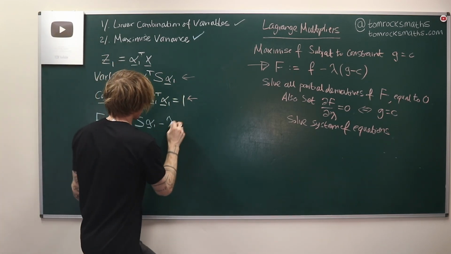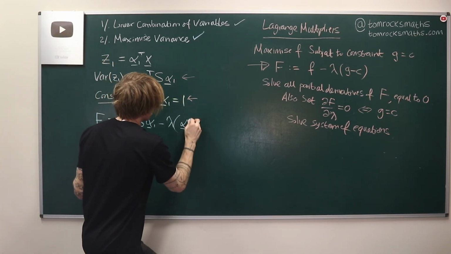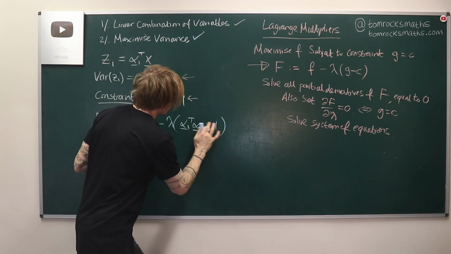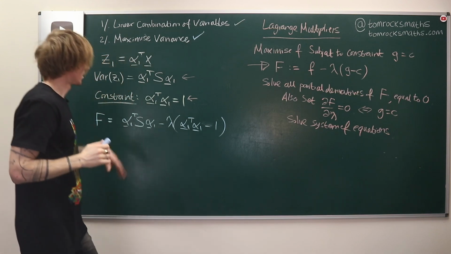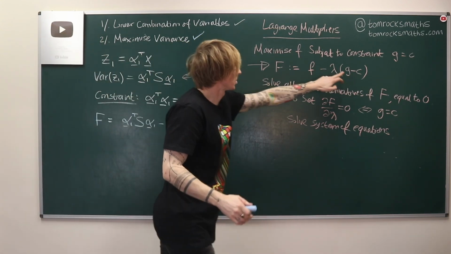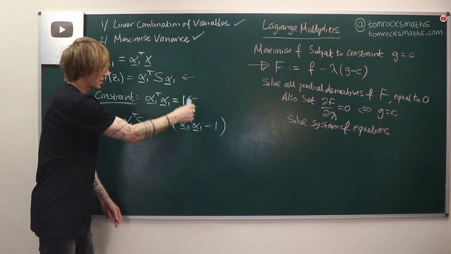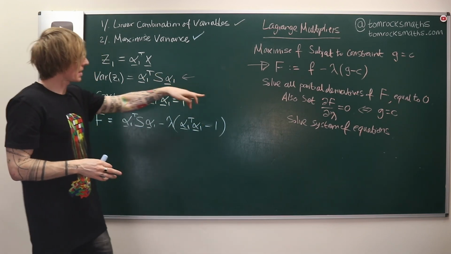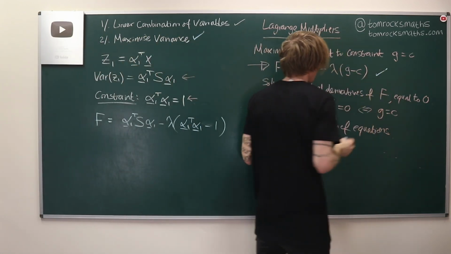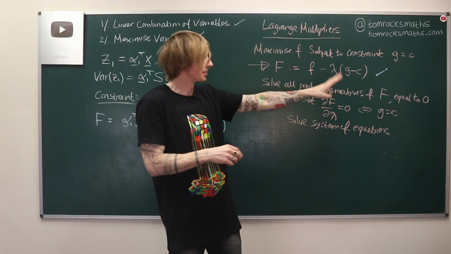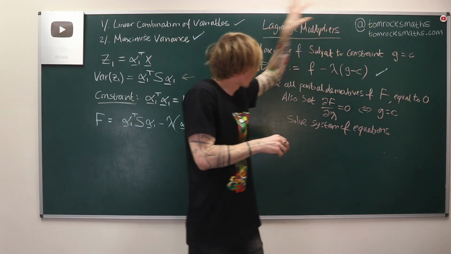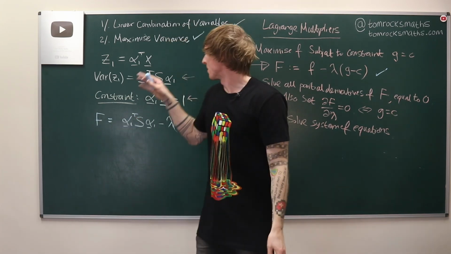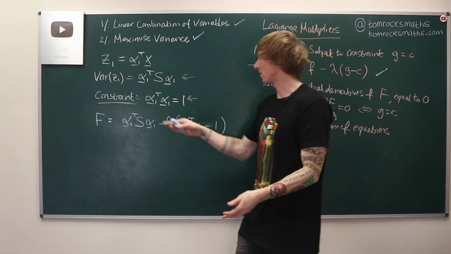So minus lambda times alpha 1 transpose alpha 1 minus 1. So again, G minus the constant. This is G minus 1 goes in here, and then we form this function F. So now the method, having done this, says solve all the partial derivatives equal to 0. Now when I was discussing this, I mentioned they might be like x, y, z partials, but here we're trying to actually solve for alpha.